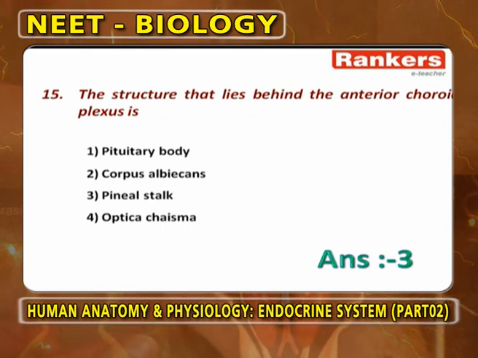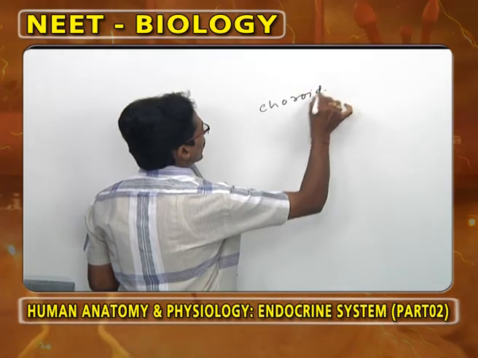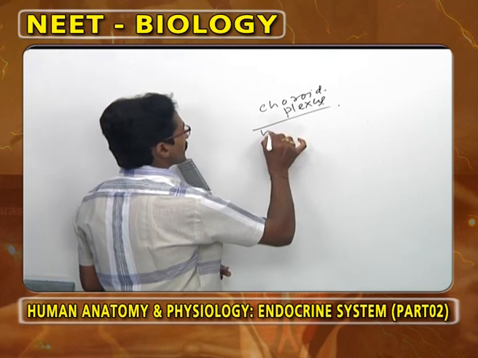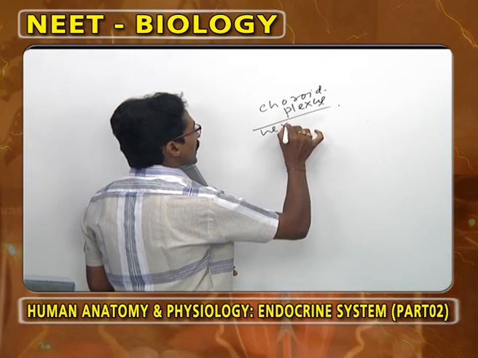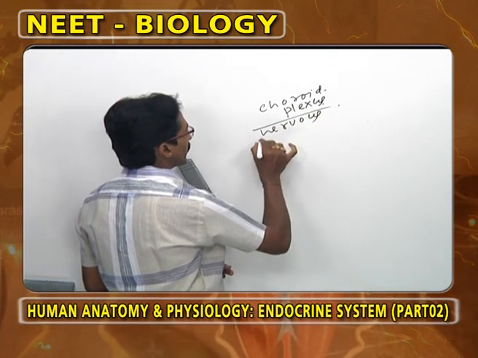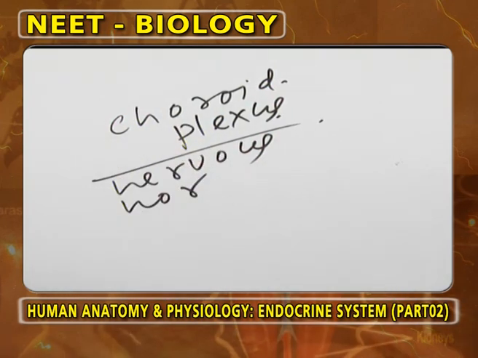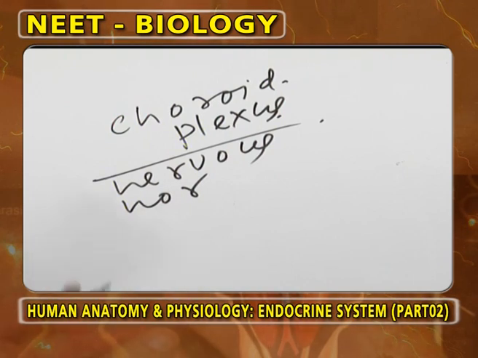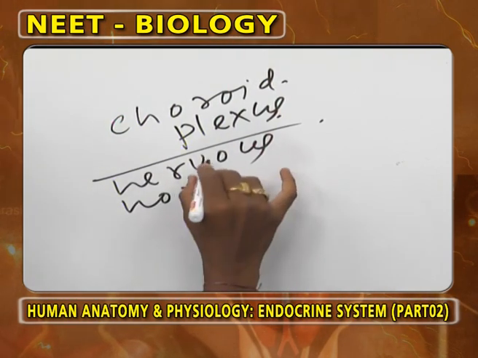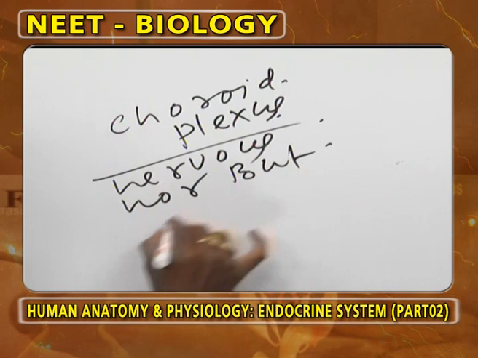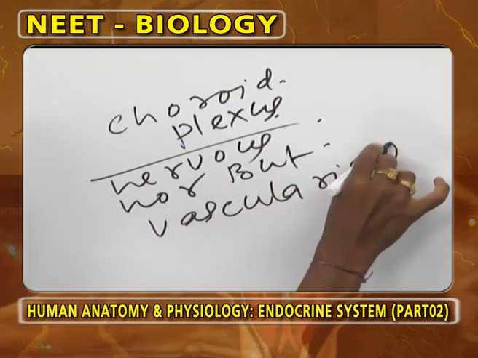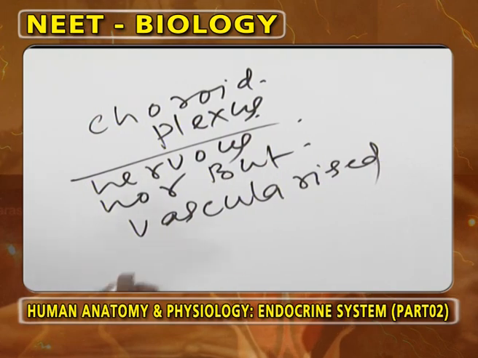The anterior choroid plexus. Now here, what is meant by choroid plexus? It is non-nervous. In the choroid plexus, no nerves. It is non-nervous, but highly vascularized. What is meant by vascularized?